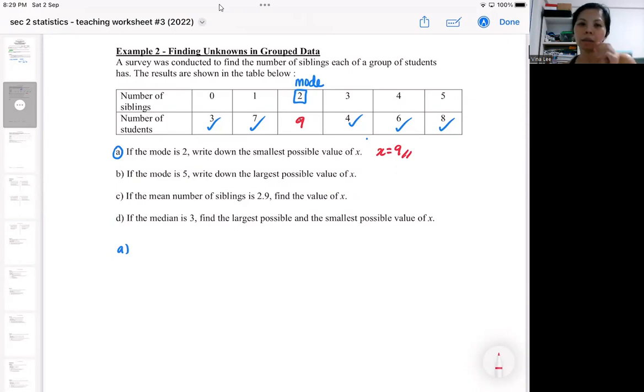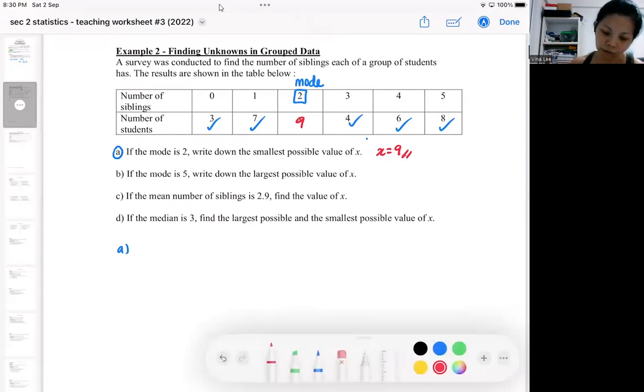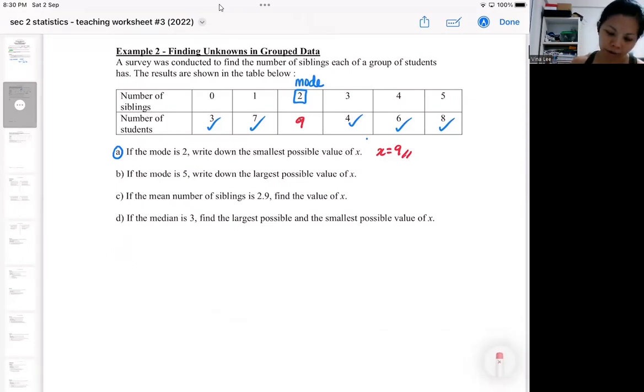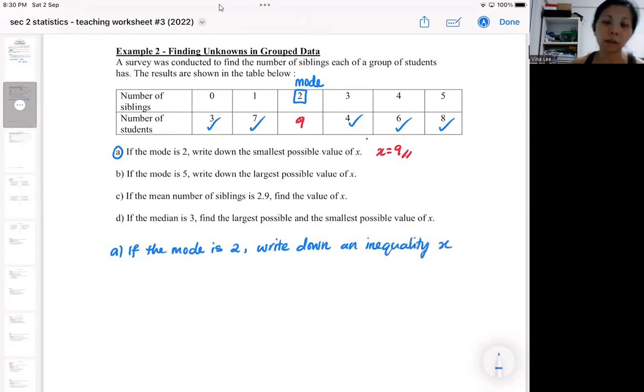But sometimes they will ask you to write down an inequality. Sometimes they will rephrase the question. They can rephrase it as, if the mode is 2, write down an inequality involving X. So remember your inequality topic.